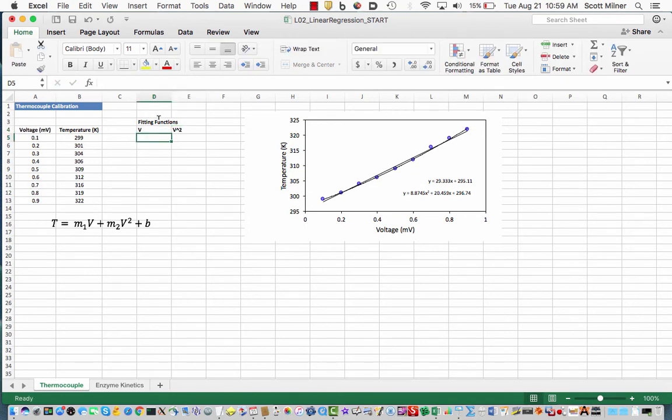And the formulas that I need here are equals just a dead copy, and then equals this thing squared, and then I just take this and copy it all the way down, and I've got my two tables that I need for doing this fitting operation.